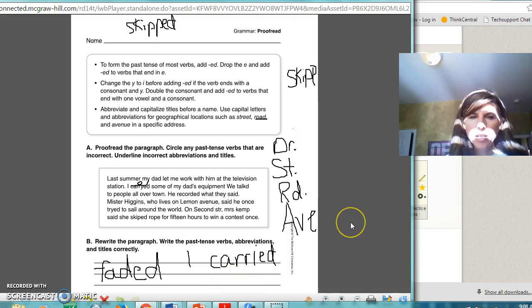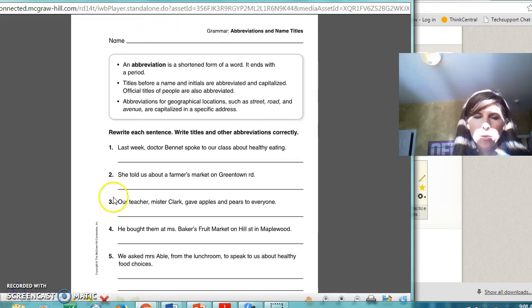Let's look at another page to see if there's any other abbreviations we need to go over. Okay, some more abbreviations would be words like Mr. or Mrs. So those are important abbreviations that you really need to know. So Mr., you don't have to spell it out, M-I-S-T-E-R.